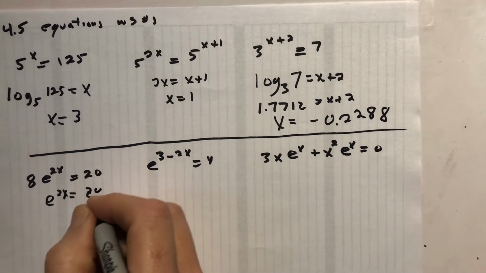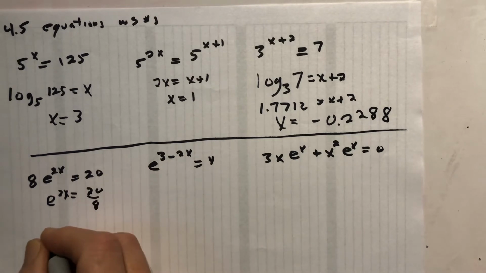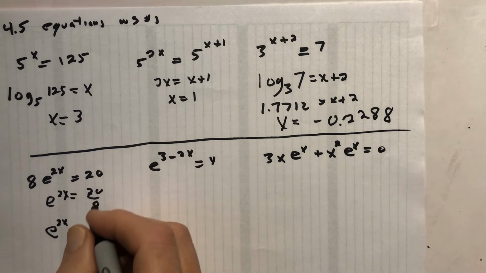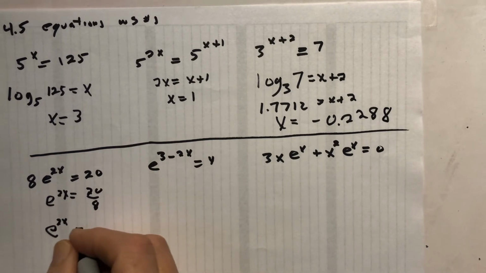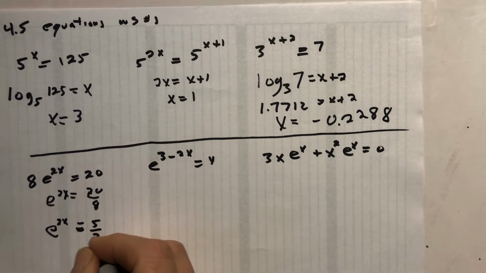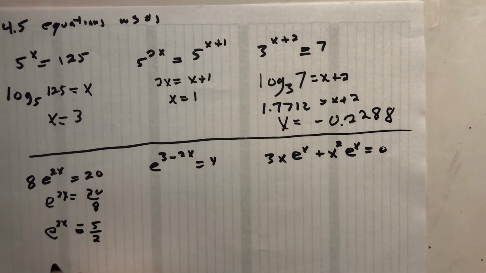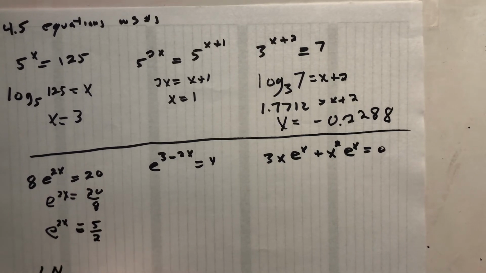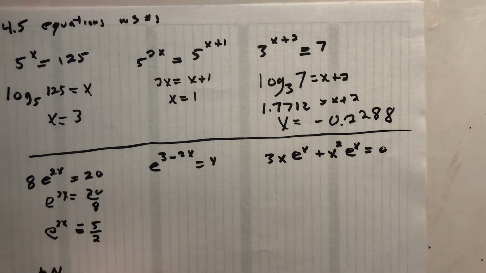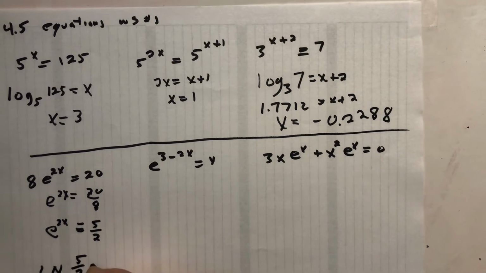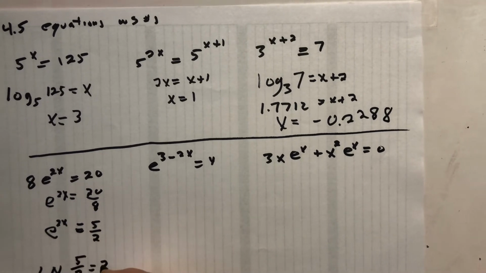Equals 20 over 8, and that reduces to 5 over 2. Now we can go to a log, and our base is e. There's nothing in front or behind it, so it's ln. You don't have to write the e. If you want to, you can. ln e of, go over the equal sign. Equals, come back, 2x.